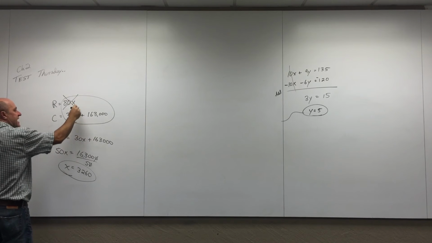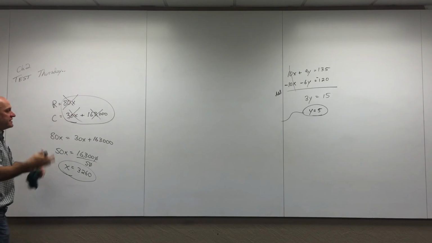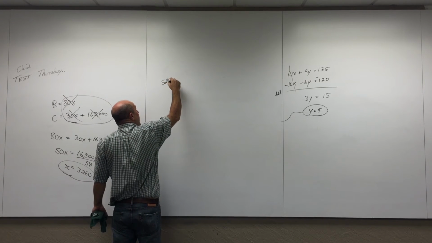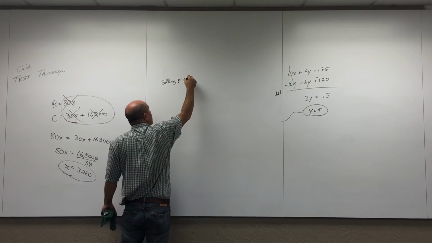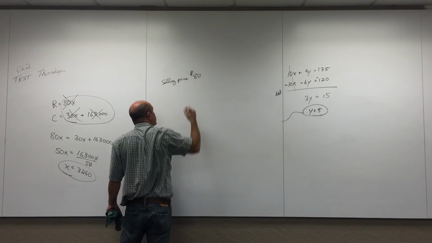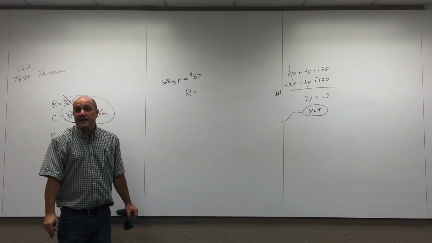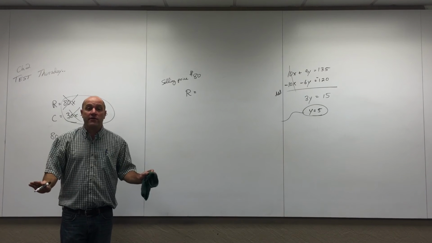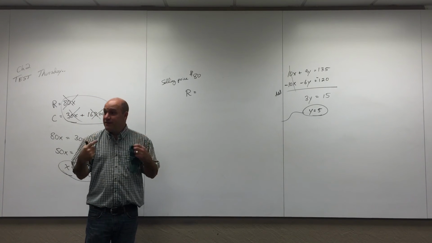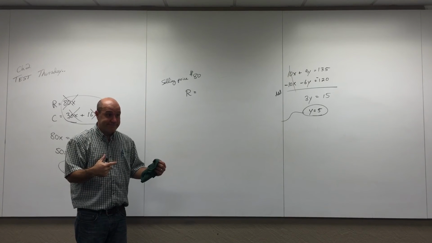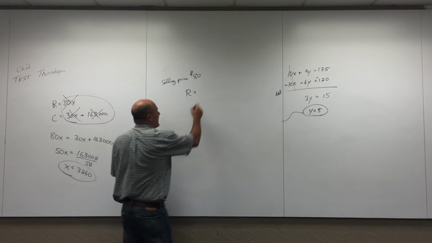Instead, I told you that the selling price is 80 bucks. Well, then what's the revenue? Revenue is the price times how many you sell. So the revenue is 80x.